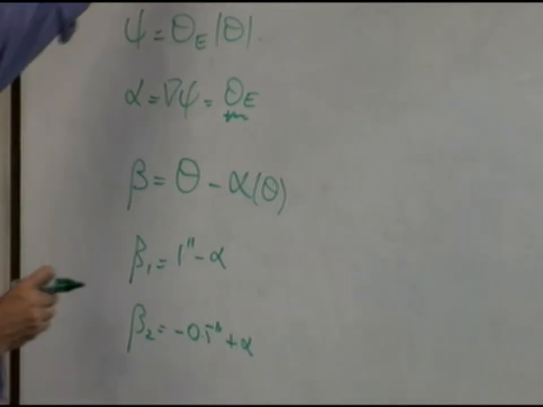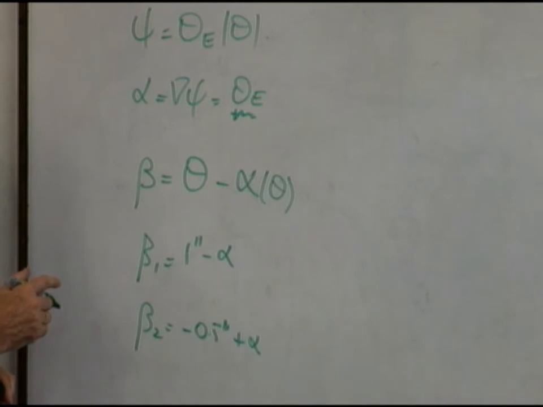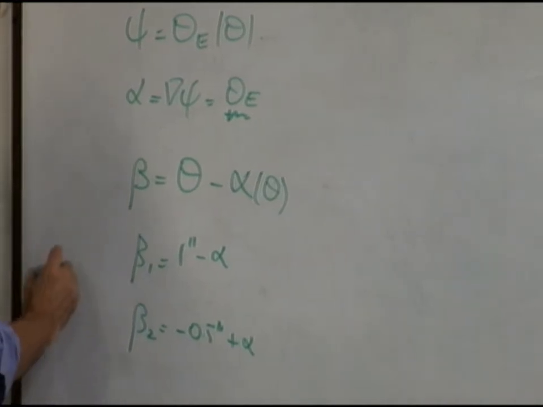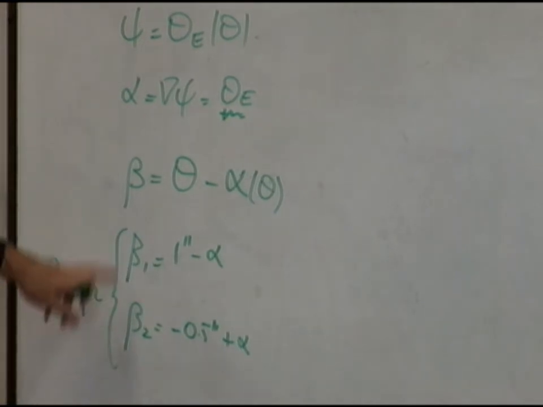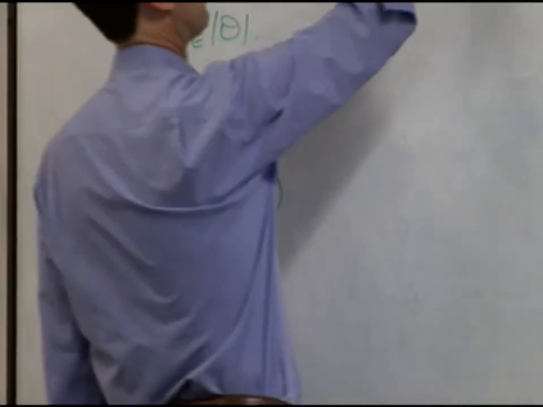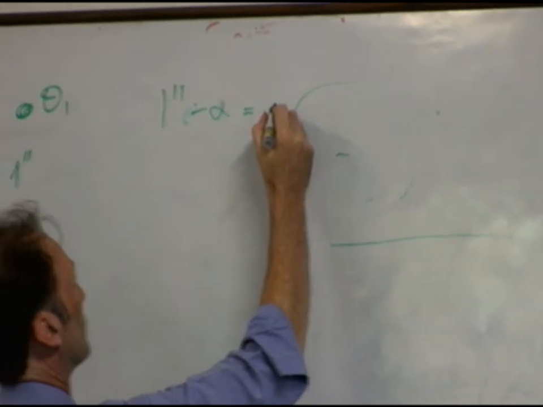And now because we know that these images come from the same source, they have the same beta, the same source position. And so therefore it's very easy to work out what the deflection angle is.